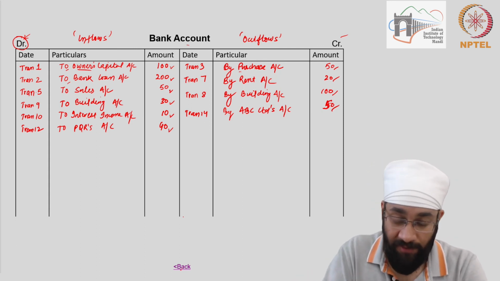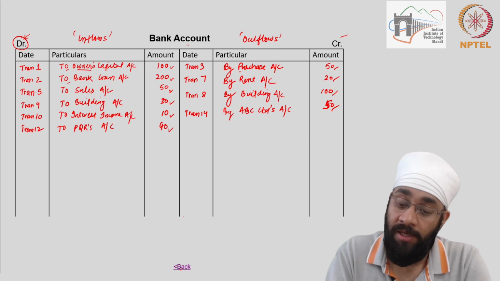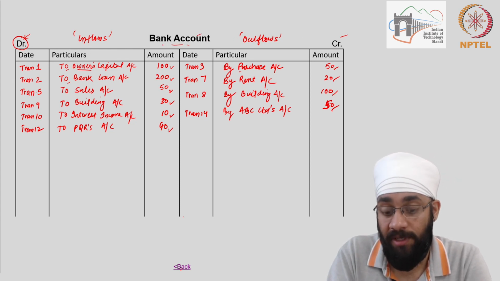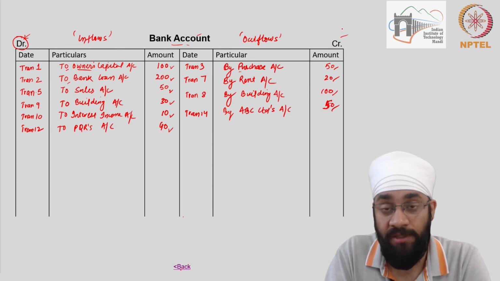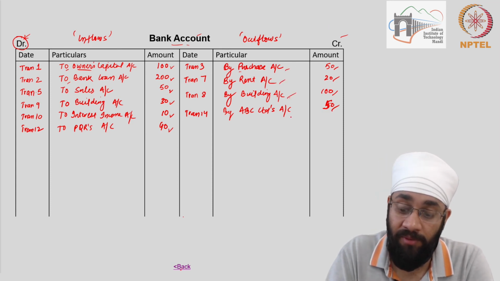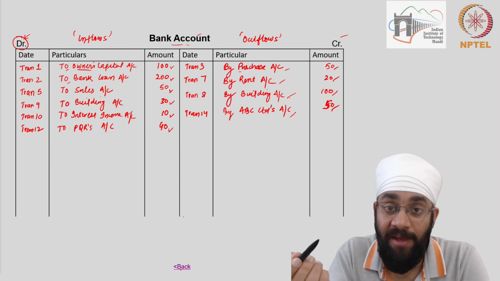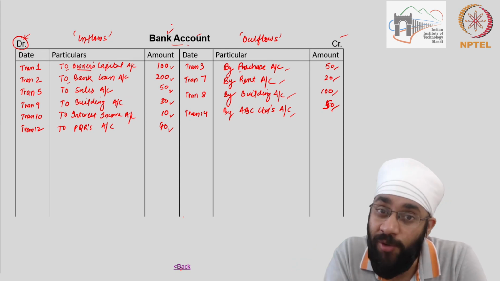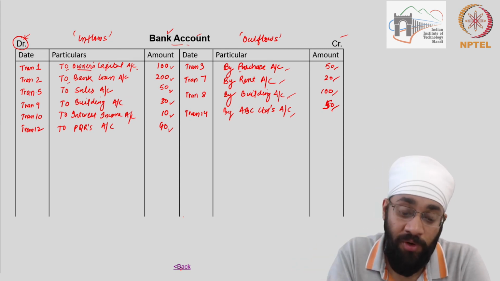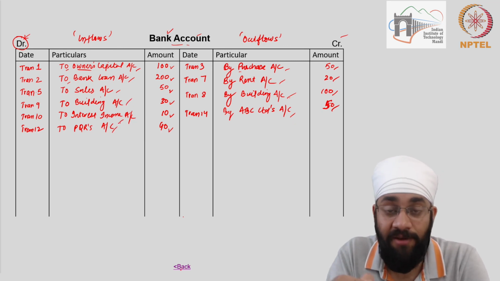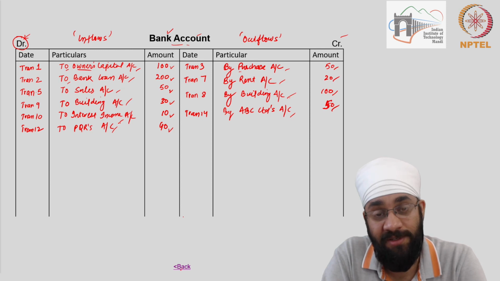So another way of reading this would be, the bank account went down, or you made payments. The bank account decreased due to purchases, due to rent paid, due to building, due to ABC Limited, right? And on the other side, you would say we received cash from various sources. Those sources include owner's capital, bank loan, sale of building, income from interest, and received from the customers.